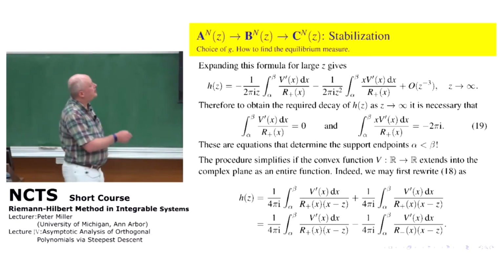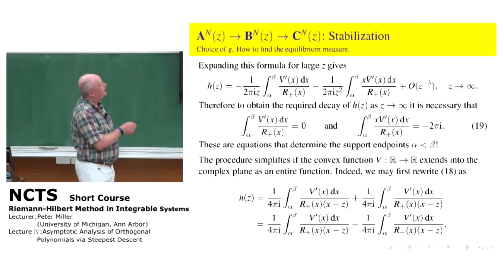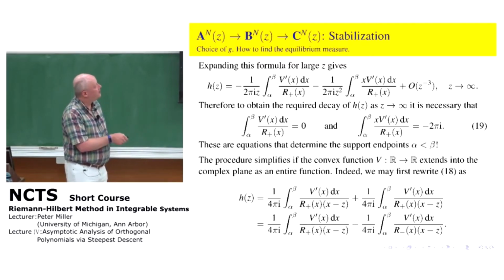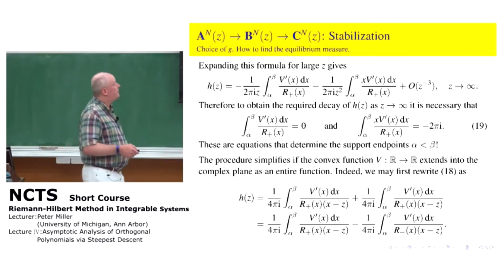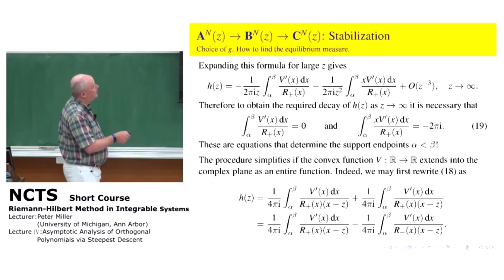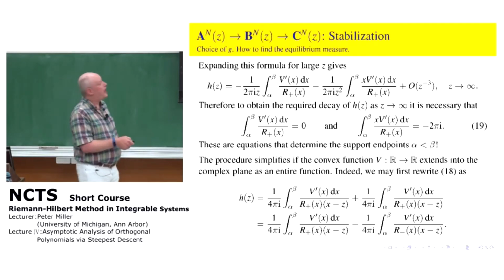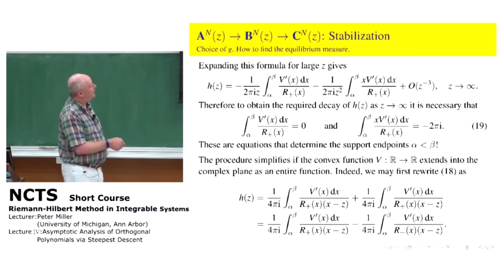If the v here is an entire function, so instead of being just a convex function on the real line, you could extend it into the complex plane as an entire function, then you can compute these integrals exactly, and you'll see how it works. So this is how it goes.